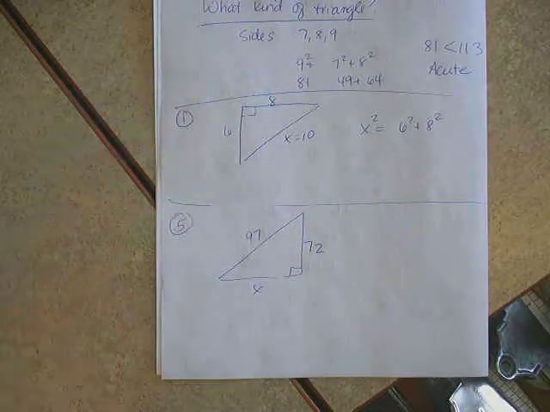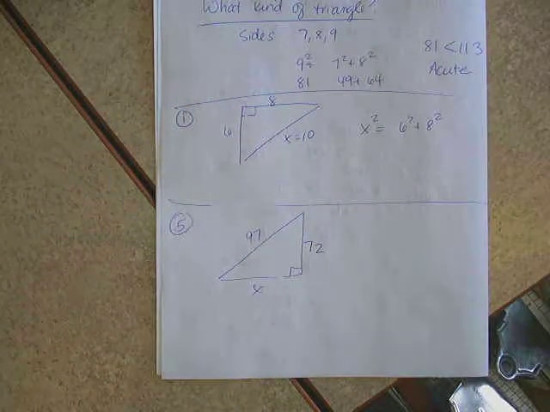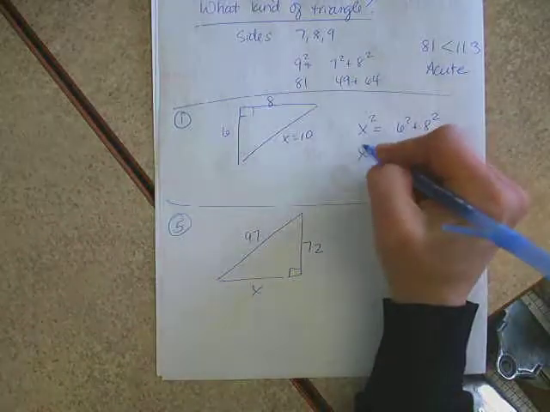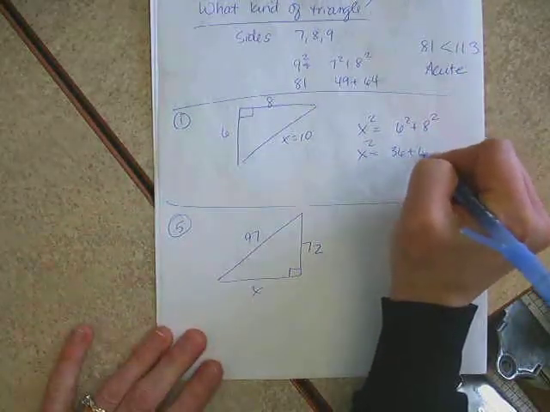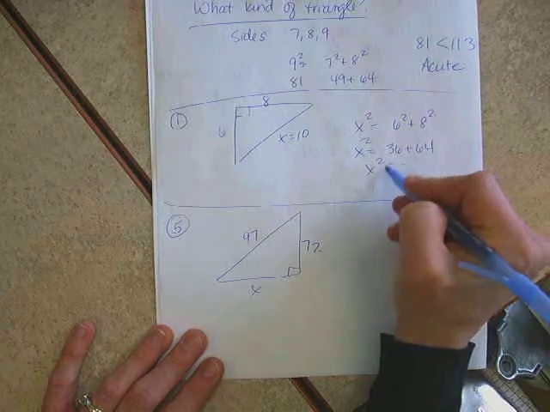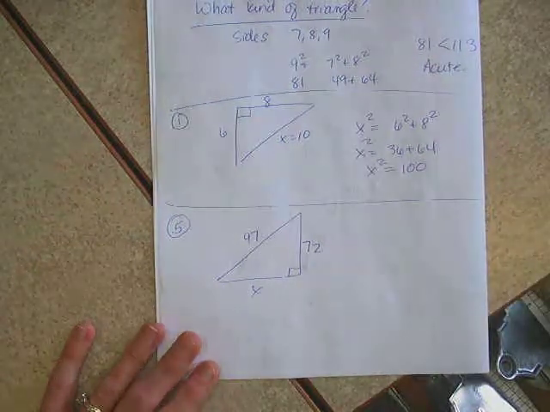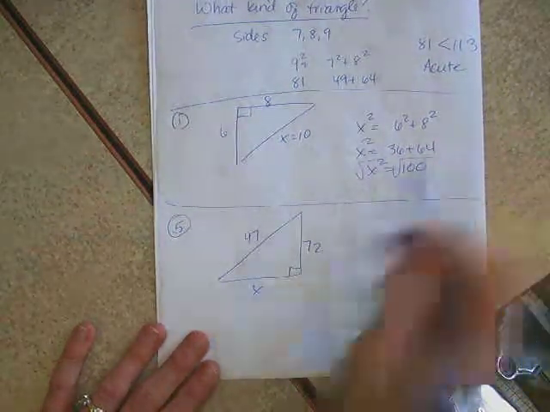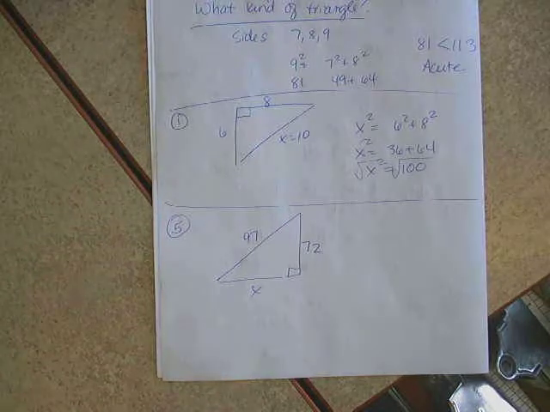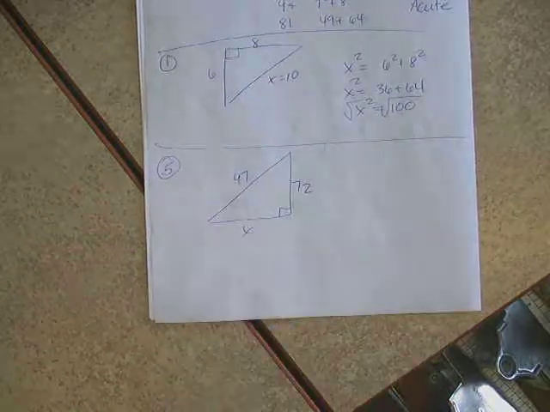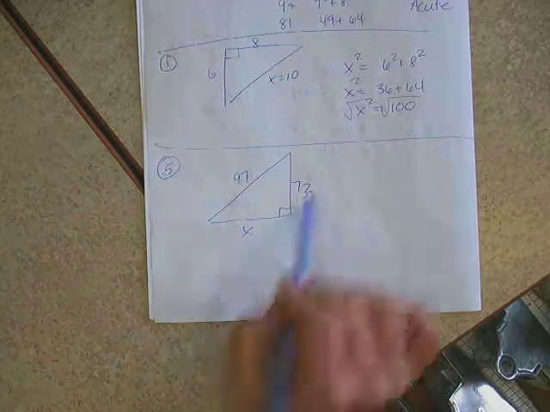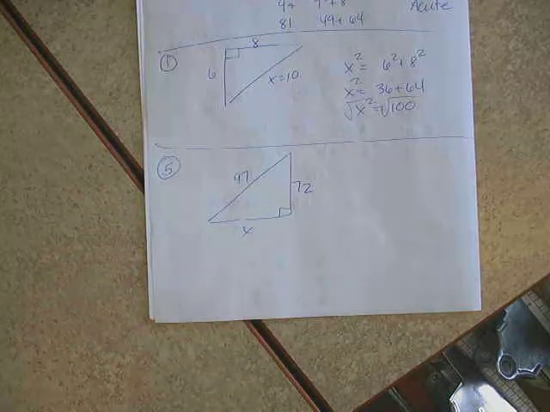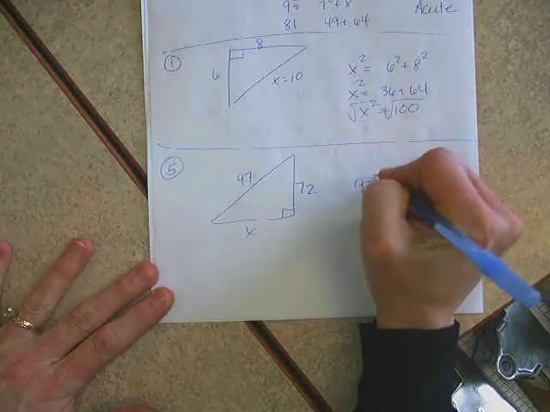So twice as big as 5, x should be 10. So the only way you'll get away with not showing work in one of these is if it's a triple. Okay, but if you did this, x squared would be 36 plus 64. So the sum would be 100, and then your square root would be 10.